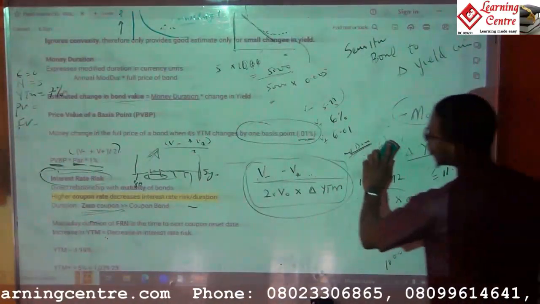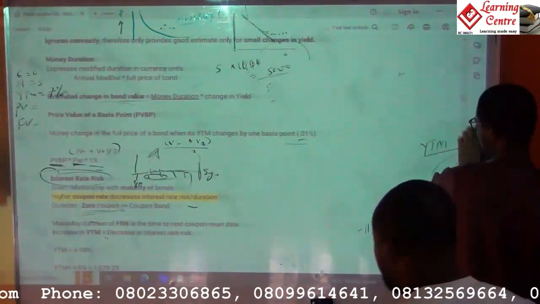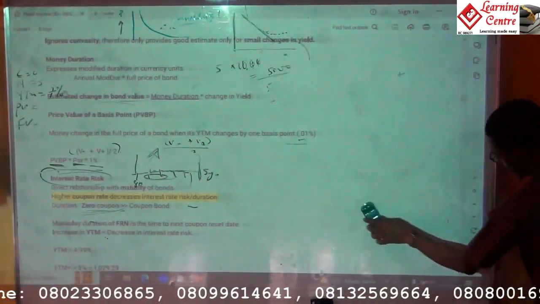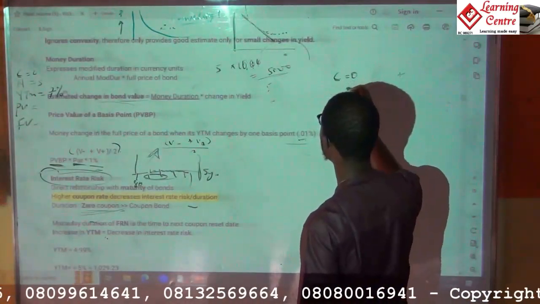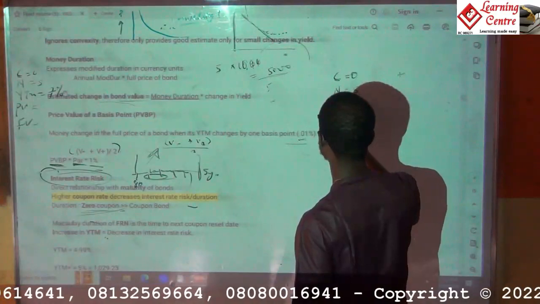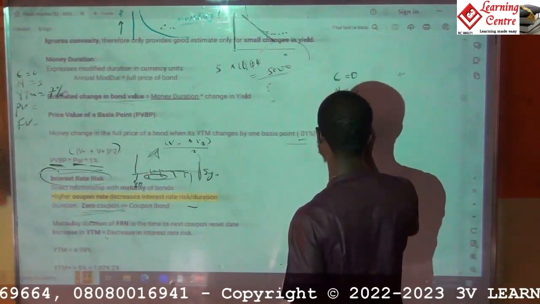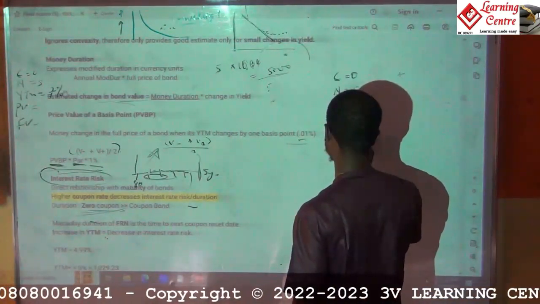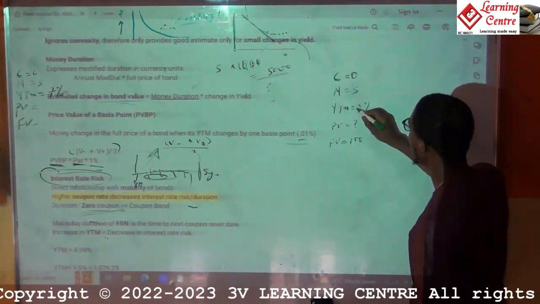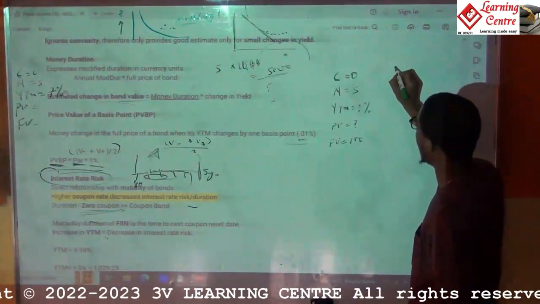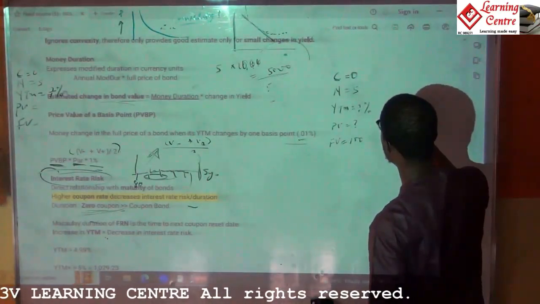So I need to use a calculator, so I'll put the parameters here to get what the price of the bond will be. Coupon is 0, N is 5, YTM is 7%, FV is 100. Do the same one, where the only thing that changes is YTM to 9%.